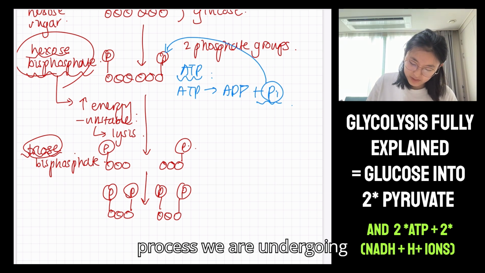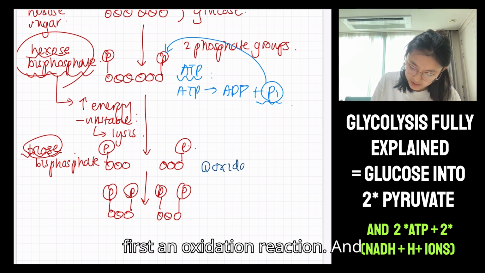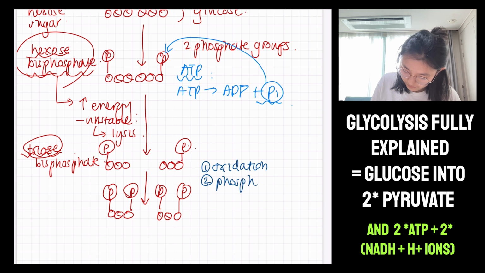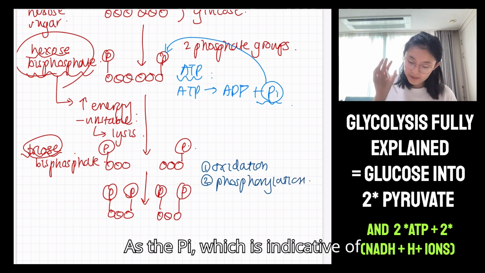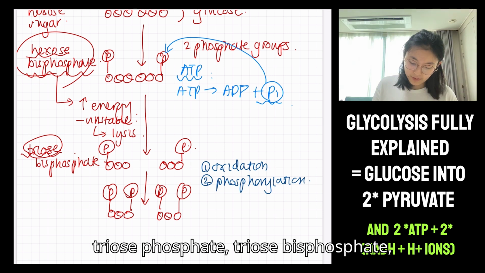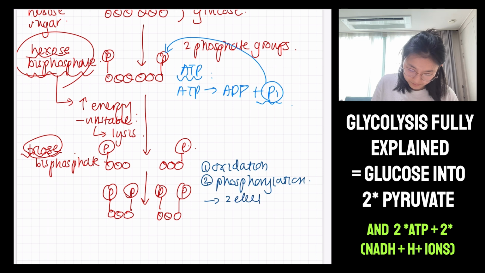And in this process, we are undergoing first an oxidation reaction, and then second, a phosphorylation reaction. As the Pi, which is indicative of an inorganic phosphate group, sticks to the triose bisphosphate, we're going to lose 2 electrons.